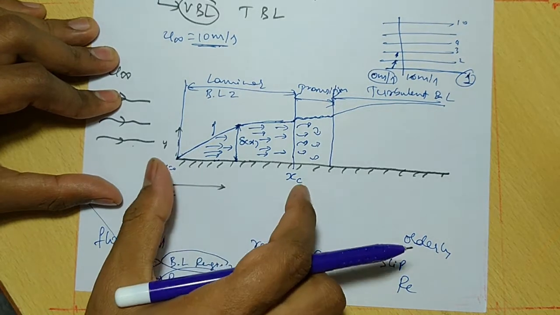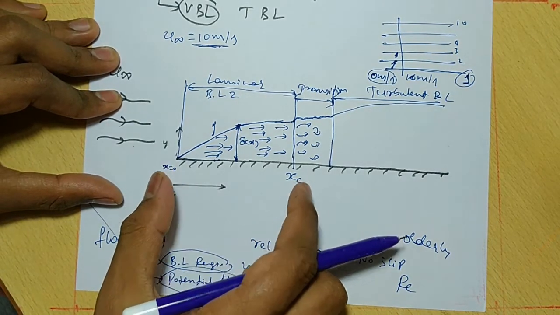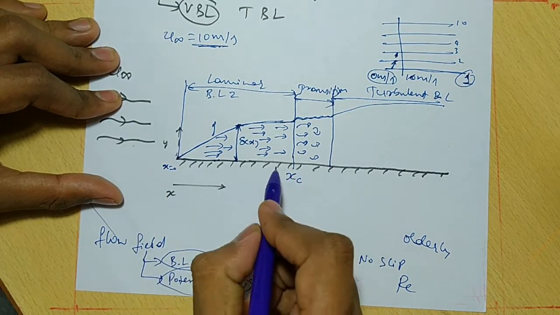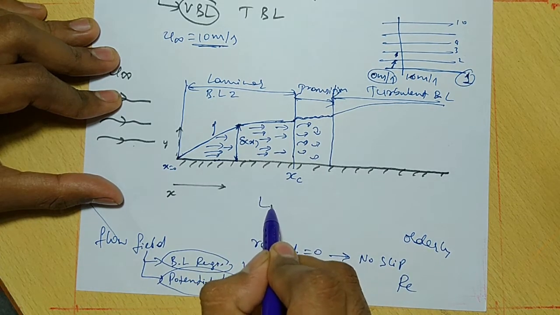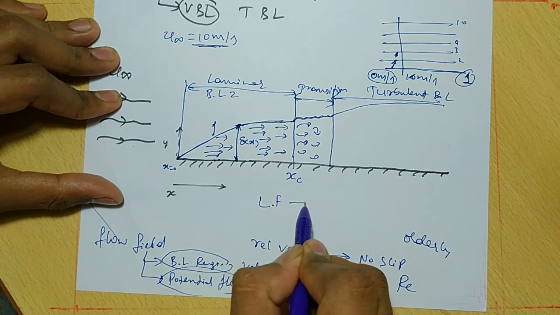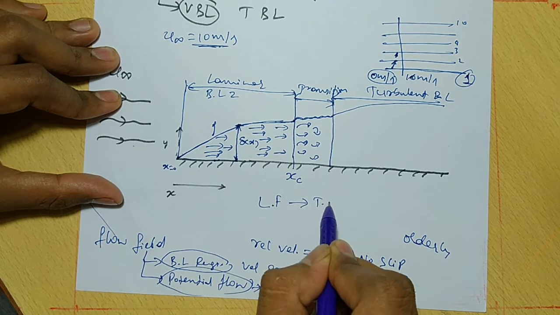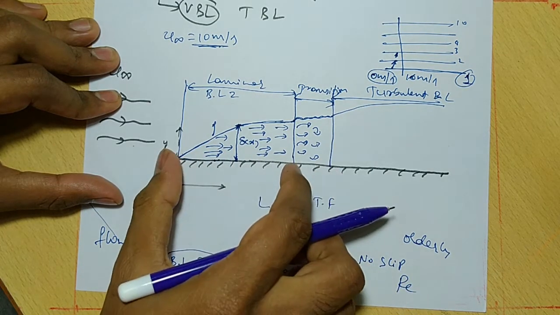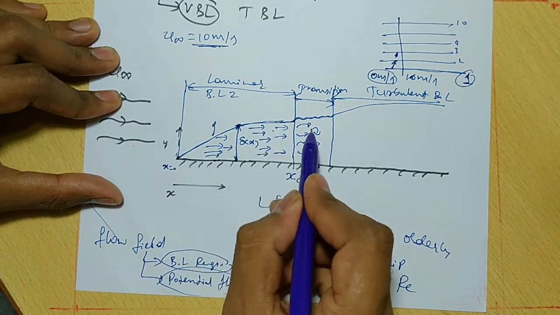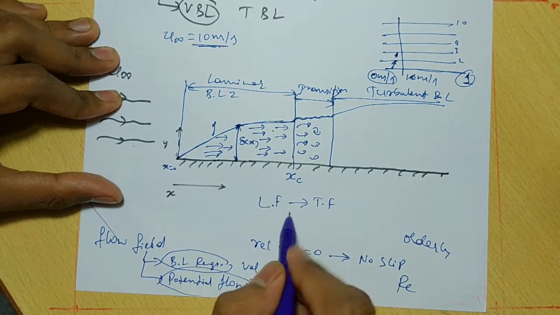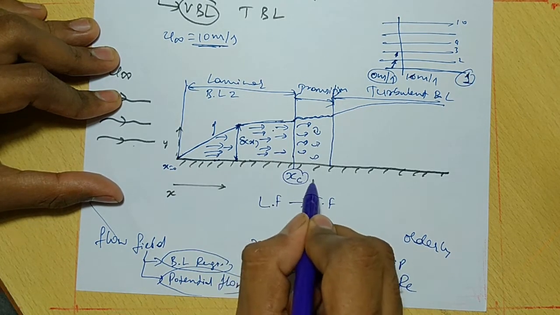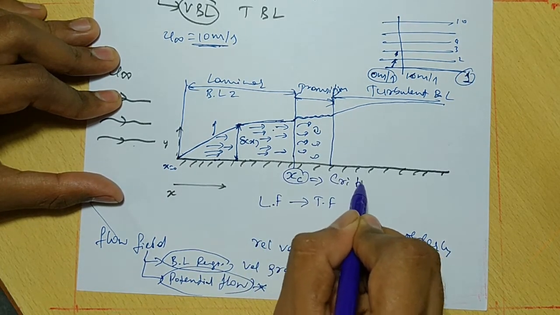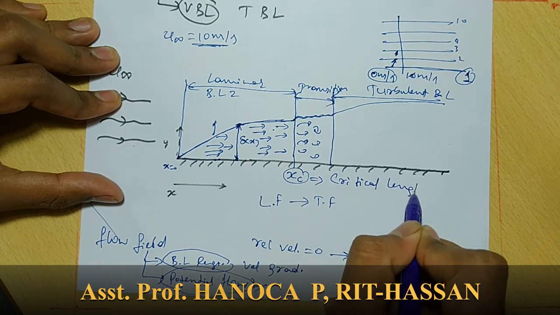Now, the particular distance after which the laminar flow changes to turbulent flow, where the laminar is going to change to turbulent, that xc we are going to call the critical length.